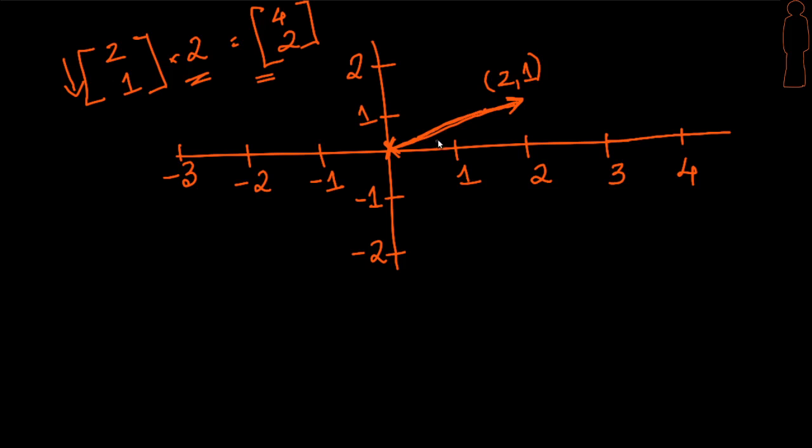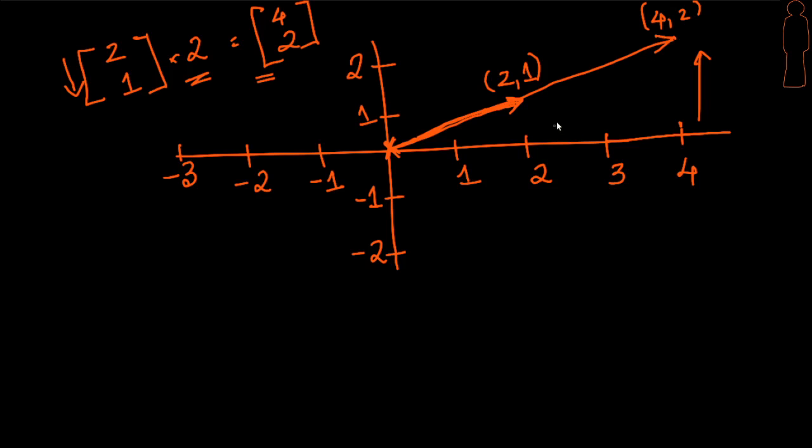Now let's try to represent (4, 2) in the real plane. So 4 units on the x-axis. If you want, you can also do it this way. You can move from the origin 4 units on the x-axis right here, and from here we can move 2 units on the y-axis. So I moved horizontally 4 units, and then I moved vertically 2 units, and therefore in order to represent this vector, which is (4, 2), let me draw a line from the origin to the ending point, which is (4, 2), and let me put an arrow there.